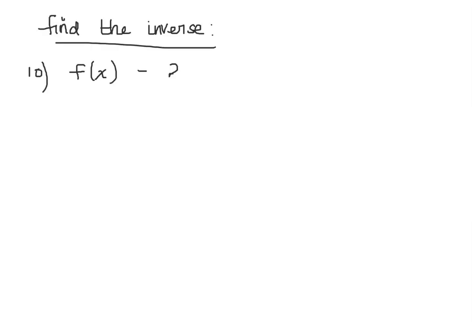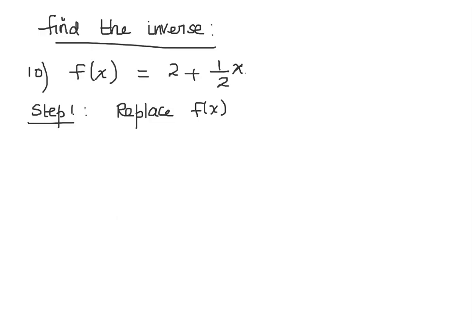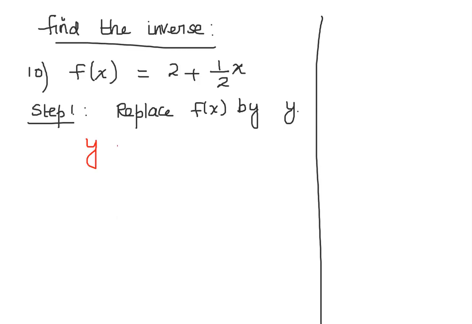So let's do f of x equals 2 + 1/2 x. So we're going to follow these 4 steps. So step 1, replace f of x by y. So that is step number 1. So this becomes y equals 2 + 1/2 x.